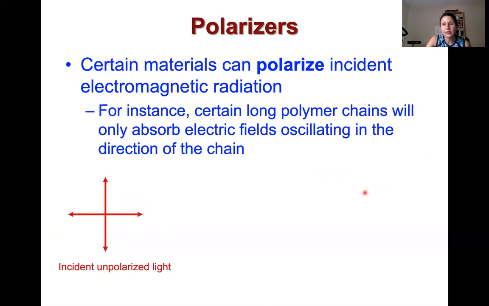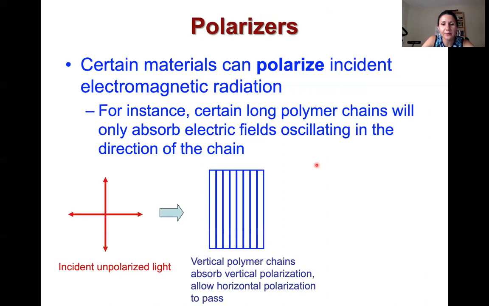What polarizers do is they polarize this light. They are able to take this light and spit out light which is polarized only in one direction. So how does that happen? Well, as a toy model, you can represent these polarizers as having vertical polymer chains.